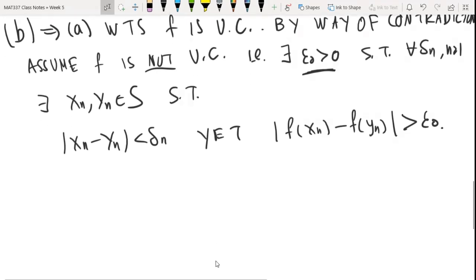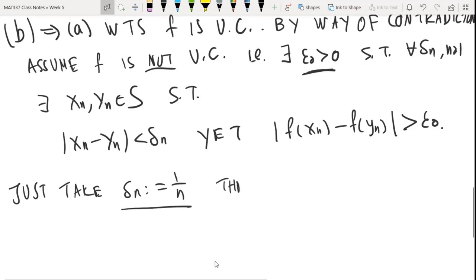So now just take delta n equal to 1 over n, then xn, yn are equivalent.